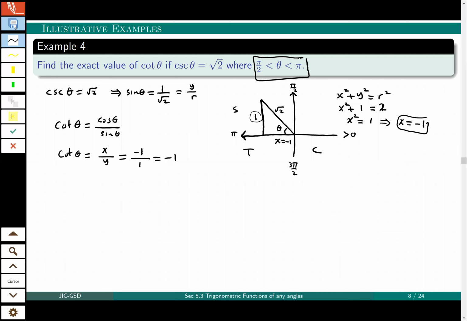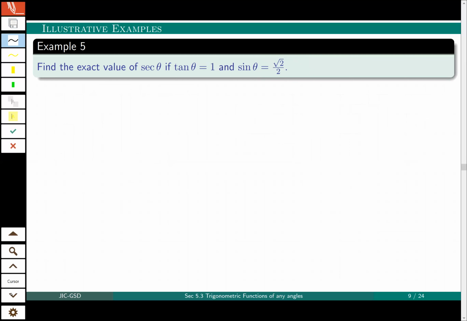Now, continuing the same idea. Here I need also to specify in which quadrant first. I have tan is positive. Where do we have tan is positive? Remember STC. So when we say tan is equal to 1 means positive. Where do we have tan positive?